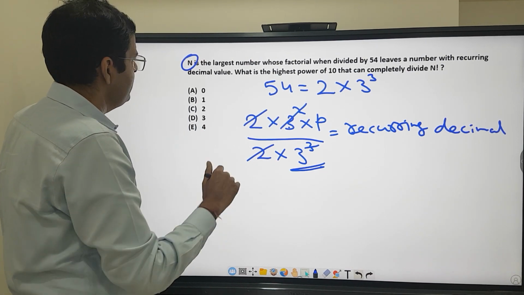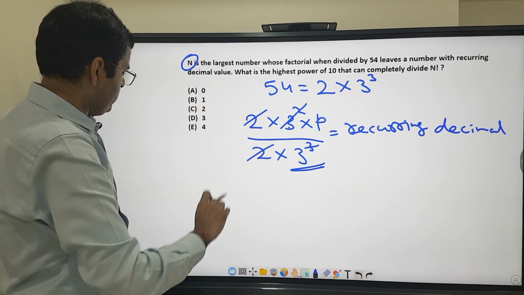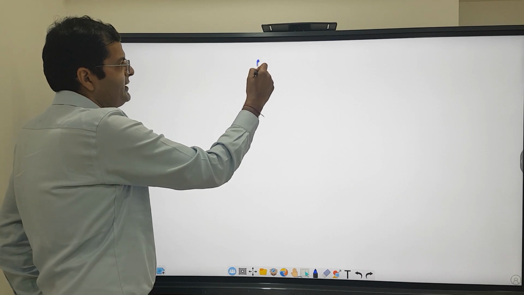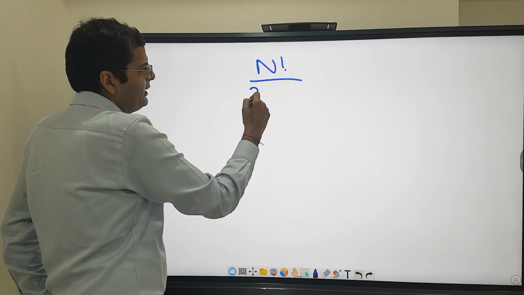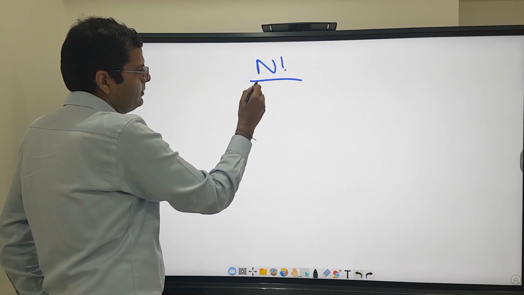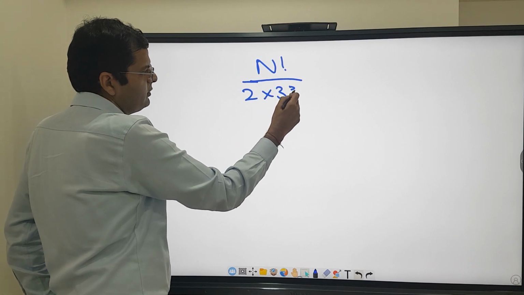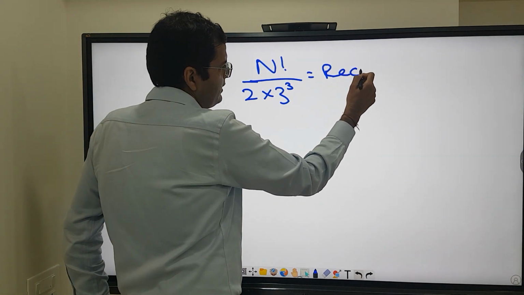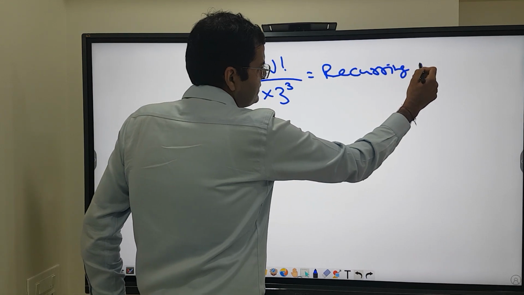Now n factorial, we are saying, whose factorial when divided by 54 leaves a recurring decimal. So that means n factorial by 2 into 3 cube gives me a recurring decimal.